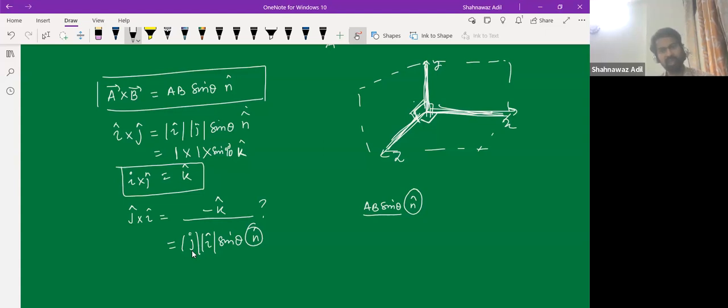So what is the magnitude of unit vectors? We have discussed that so many times. Please revise. What is the magnitude of J hat?